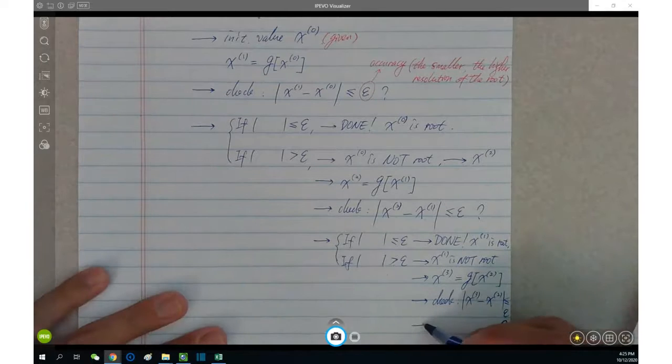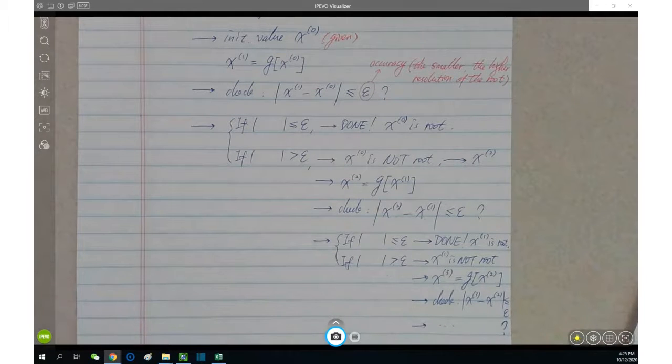The rest of the steps we can skip. Any questions regarding this procedure? This is the same as what you learned from 302. It's about the same.